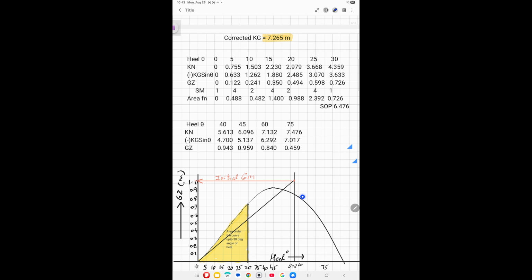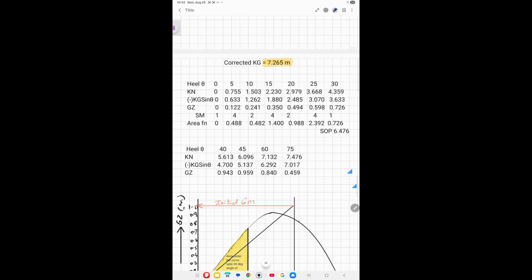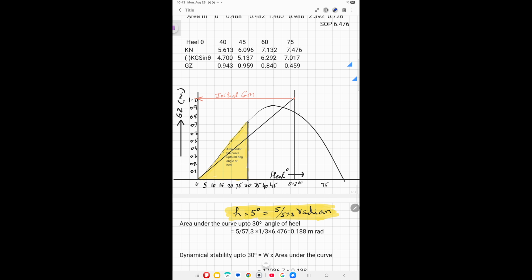The full curve I have drawn here with my angle of heel on the x-axis, and on the y-axis we have GZ in meters. So GZ, which we found here, we plot as per some good scale, and plot the values for the GZ and draw the curve.